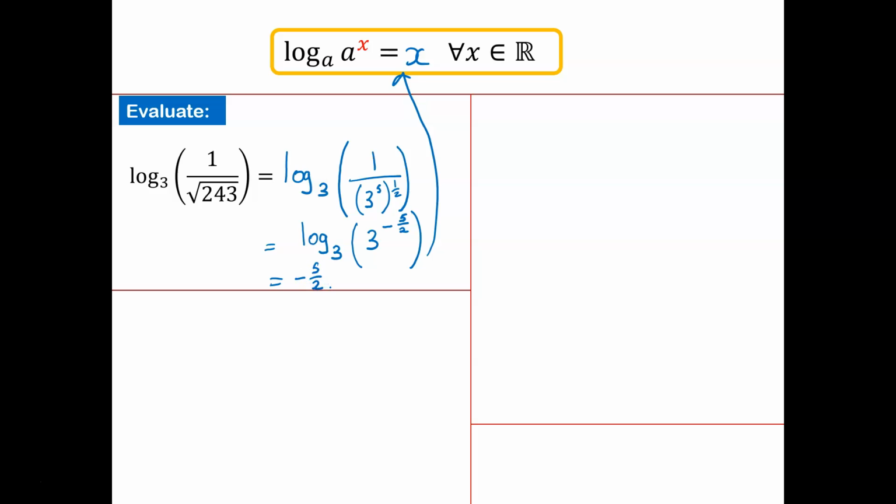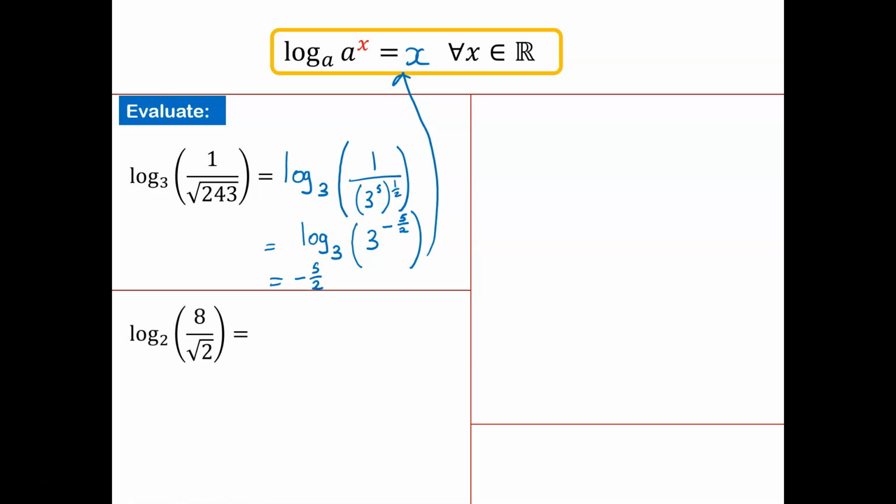So, for these types of questions, you should answer them as if you didn't have a calculator. In other words, you're showing all of the steps there. Now, it's always a good idea to go and type that in your calculator and see if it matches your answer there.